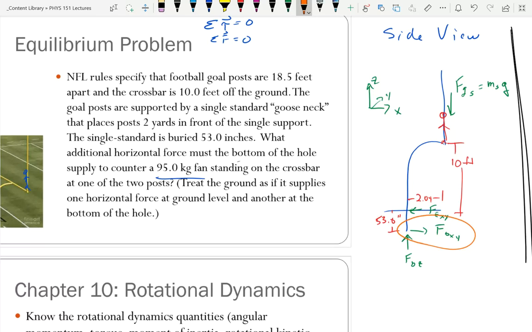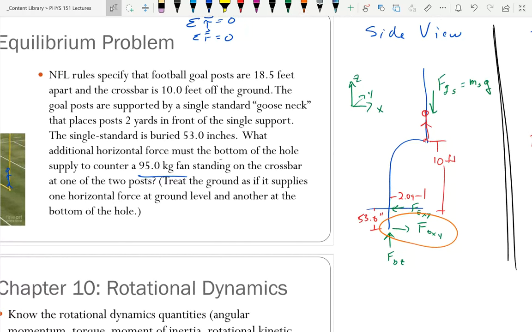So I want to choose a location where I can sum the torques that's going to eliminate at least one of the unknown forces. Well, if you look at the picture as viewed in the side view, there's a location where both the vertical component of the bottom force and the earth force point. Where's the location where both of those forces point?